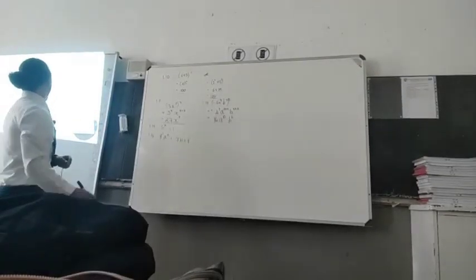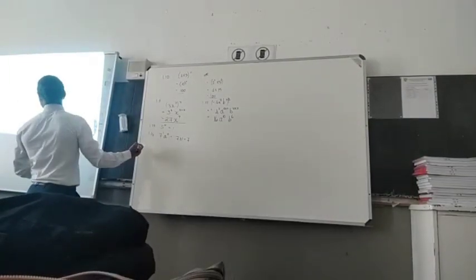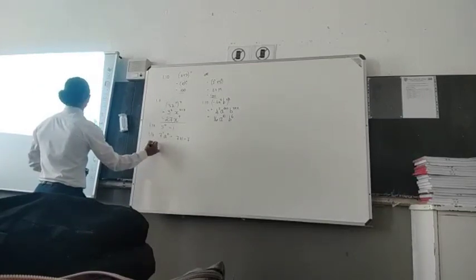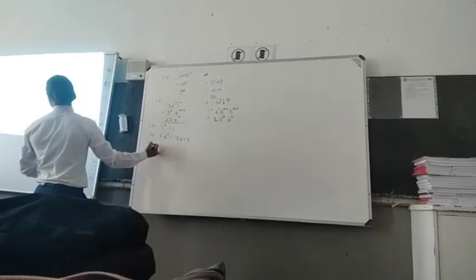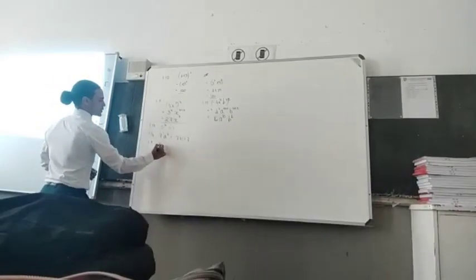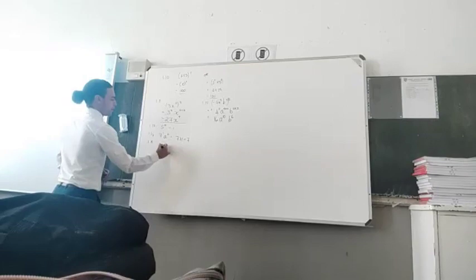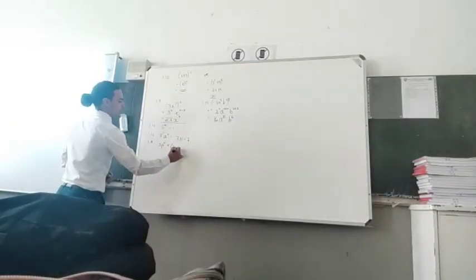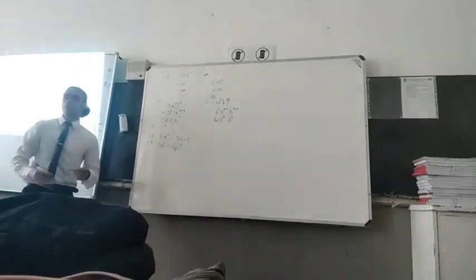Then at number 1.15, we have there 3p to the power of 0 plus bracket 3p to the power of 0, bracket closed.